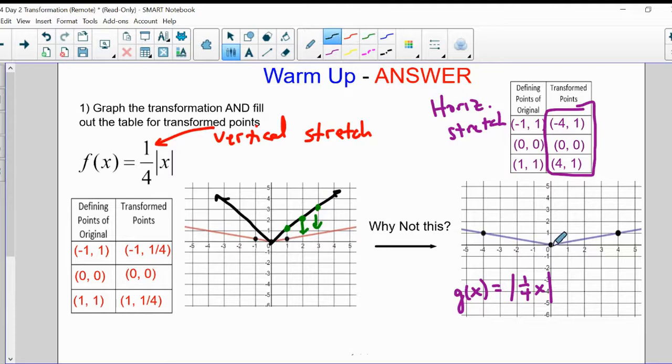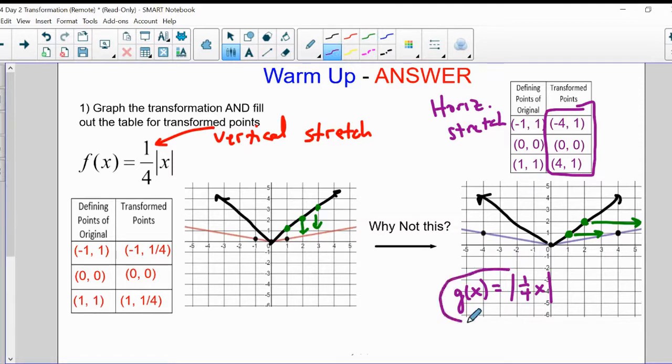Whereas on this graph, this one I'll try and draw a lot better, this point gets moved out. This point's getting moved out to (2, 8). So what's ending up happening is that the graph ends up looking the same, but the way that the graph gets there is very different.